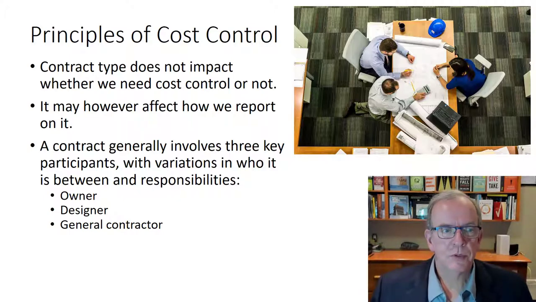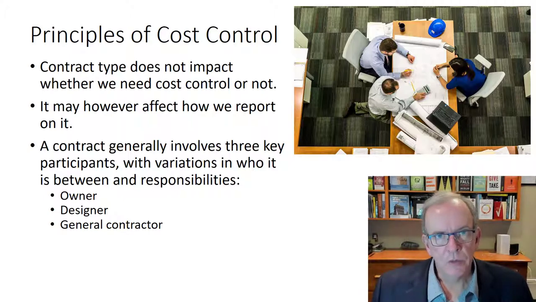Some of the principles that we have to think about: the type of contract that we have may impact the type of reporting we do, but it does not negate that we need to do cost control in some way, shape, or form.